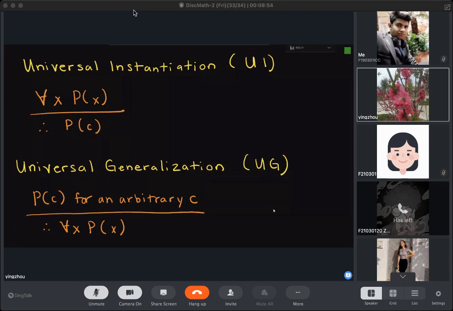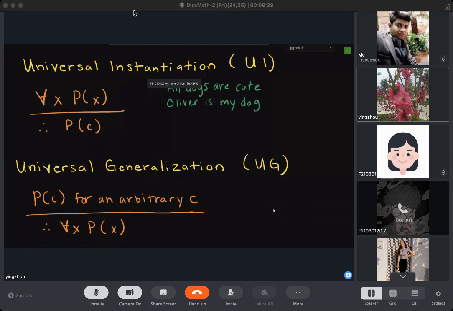Essentially what it says is if we have a statement that says for all of a domain some fact is true, such as, let's say, you're telling us that all dogs are cute. So that's for all dogs, basically they are cute, and that's of course for the universe of all dogs. Then I tell you, Oliver is my dog.